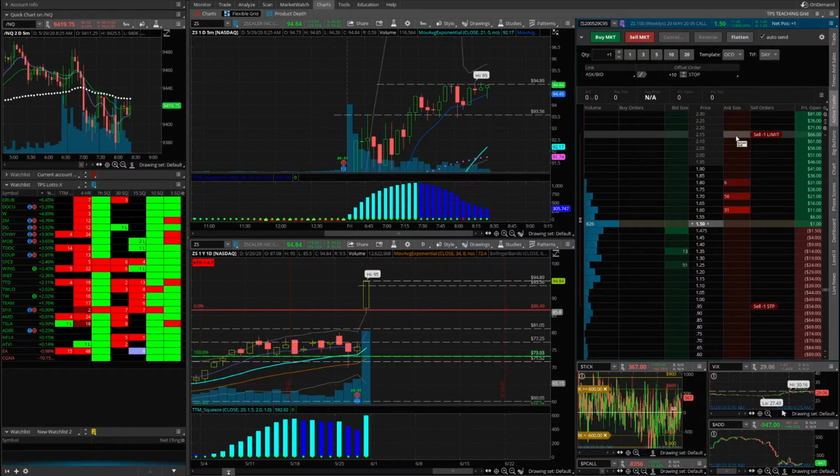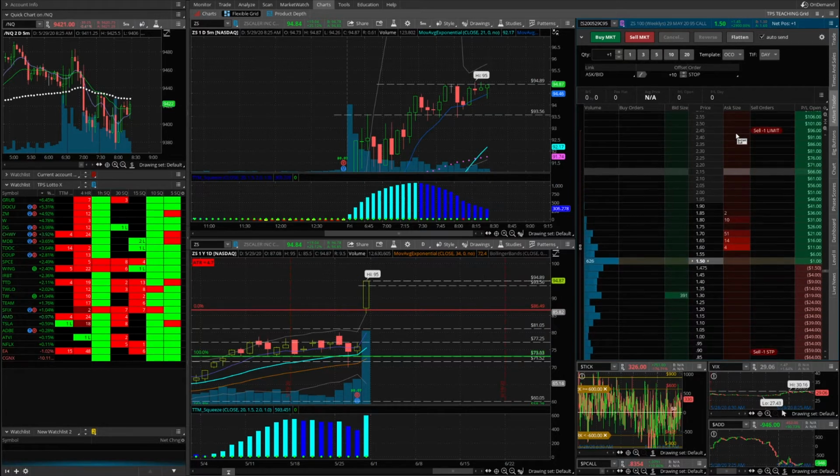So if I click that, it's going to set a stop order at a $54 loss and a sell limit order if it gets there, let's say at $100, roughly a 2-to-1 risk reward.